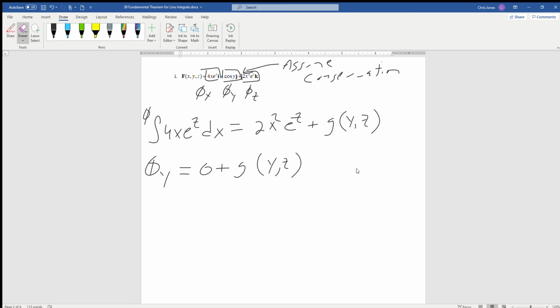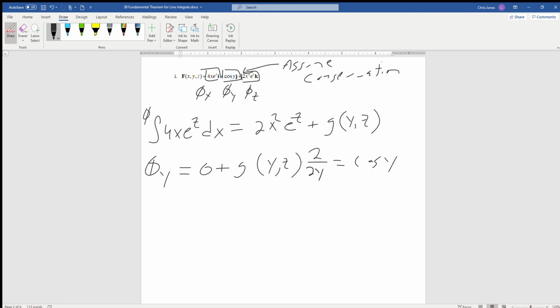So we could really say that this is the partial with respect to y of some unknown function g of y, z, which is going to be equal to cos y.